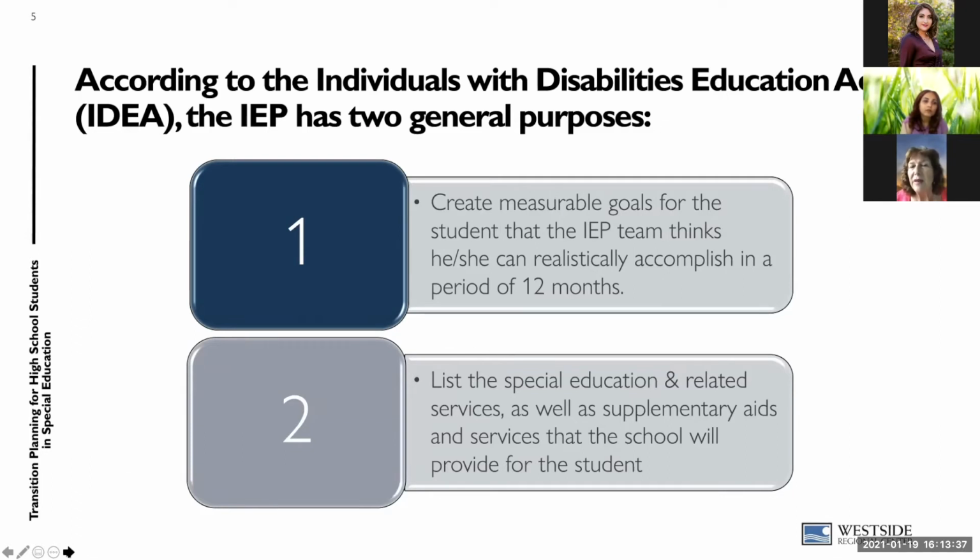The IEP lists those services, the goals, the place where the student will be going to school, and who will be providing the services. So it's a very important document.